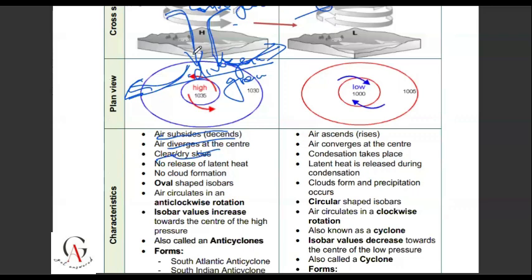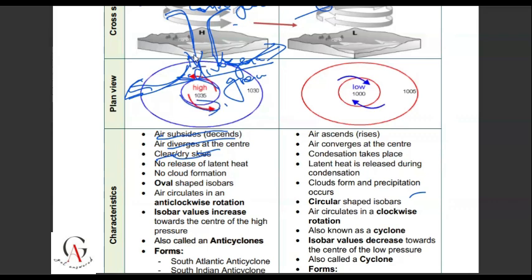Then the air circulates in an anti-clockwise rotation. Right. If you are looking at our high pressure cell in the southern hemisphere, the air moves out of the high pressure cell not in a straight motion, but it circulates. And the circulation is anti-clockwise, like what you are seeing here. It's anti-clockwise, against the direction of the clock.